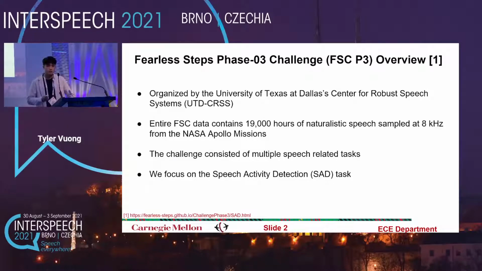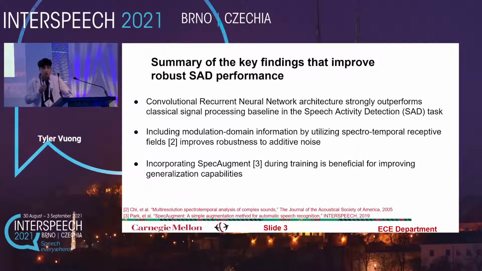The challenge consisted of multiple speech-related tasks like ASR and speaker ID, but we focus on just the speech activity detection task. So here is a summary of the key findings that we found to improve robust SAD performance. The first, which I think is very common now, is that convolutional recurrent neural network architectures strongly outperform classical signal processing based methods in the SAD task.